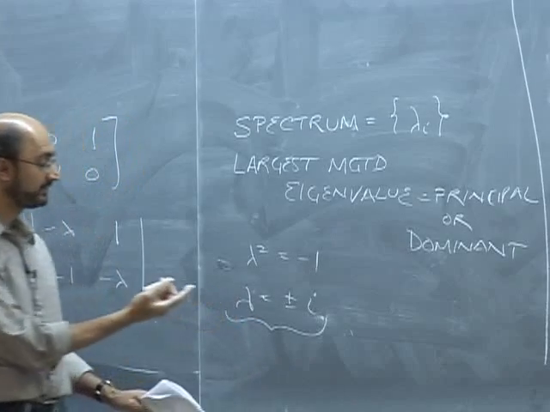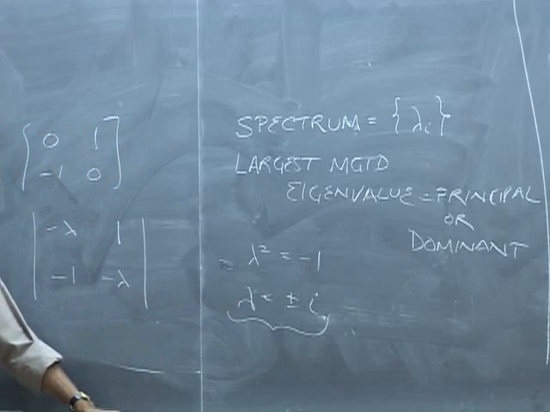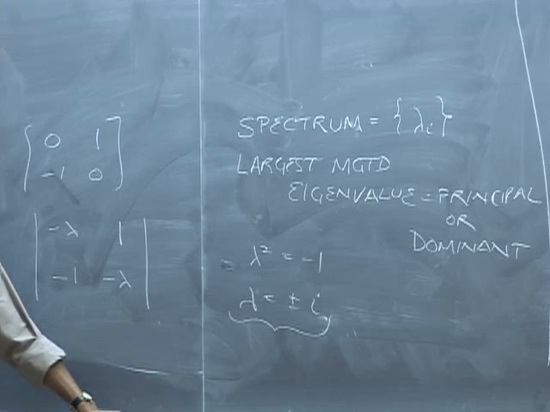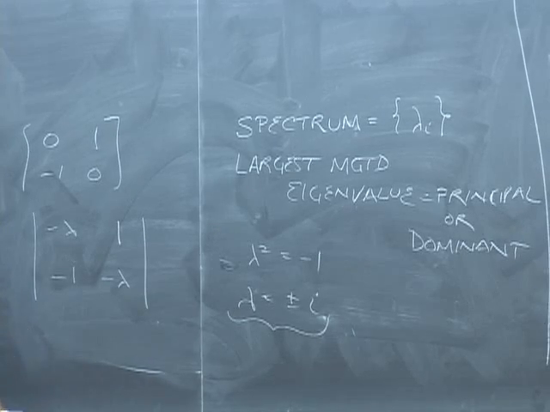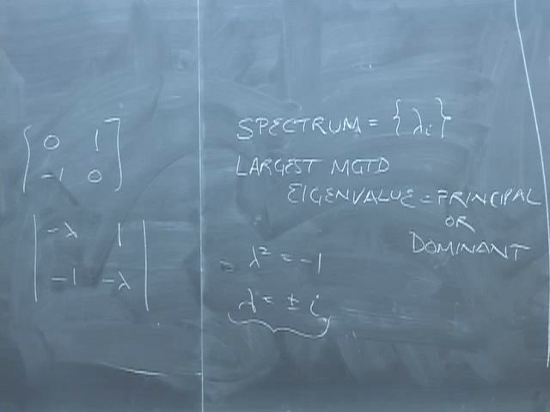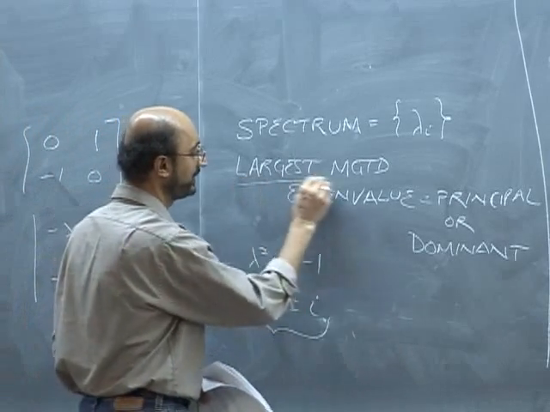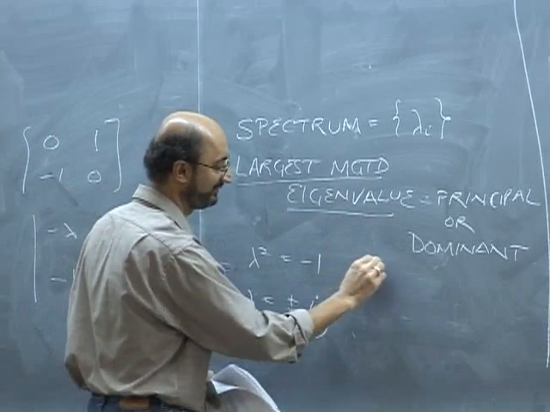The magnitude of this is 1, because i has magnitude 1. So the dominant eigenvalues in this case are plus or minus i. We don't have a principal one, but we have dominant ones. The largest magnitude eigenvalue is also given the name spectral radius.